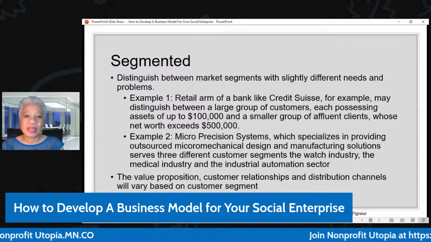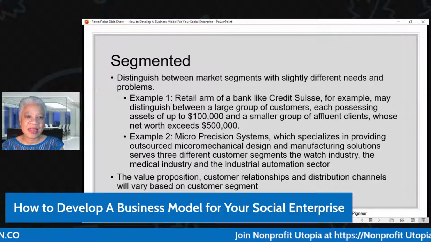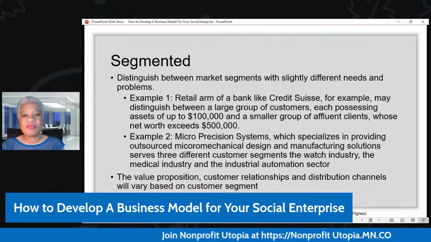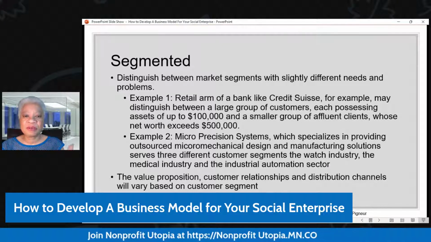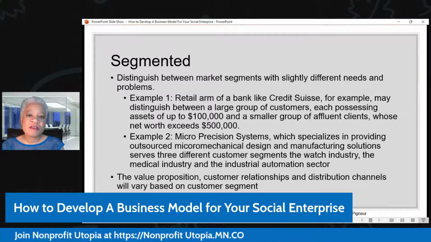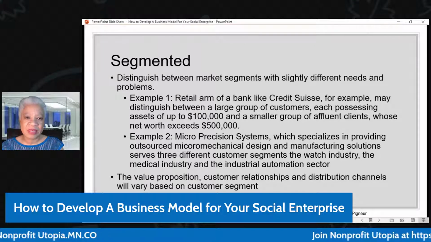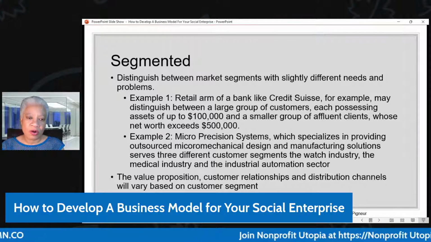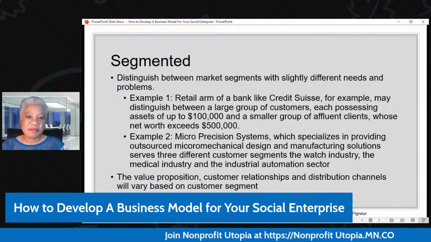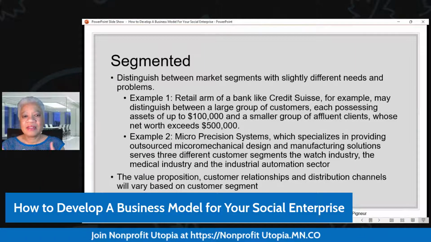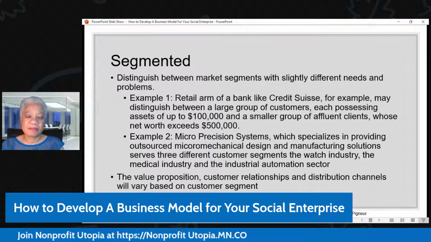For example, they have people who make deposits and they have assets of up to $100,000 under management with Credit Suisse. They also serve high net worth individuals with net worths of $500,000 or more. So in that case, same company, similar product, different segments.